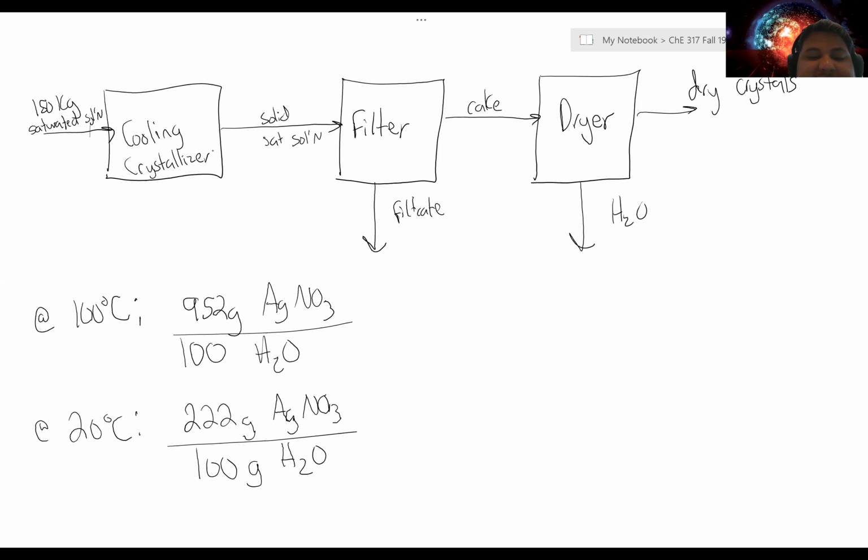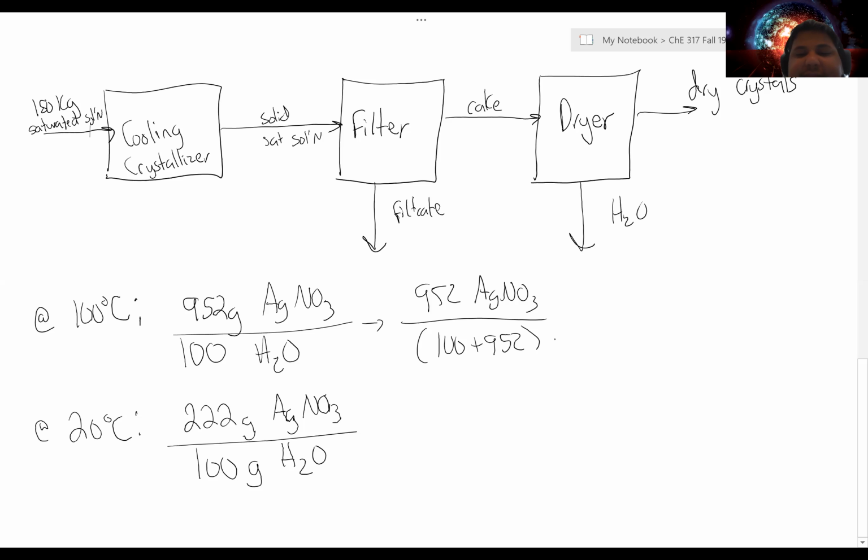Since the solubility is 952 out of 100, the weight fraction of silver nitrate would be on the order of 952 divided by 100 plus 952.